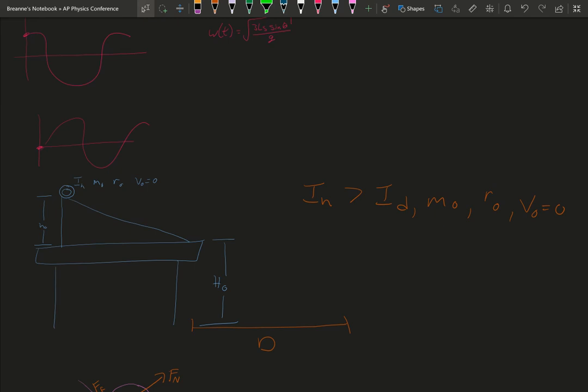Yeah, the disc because it has a greater moment of inertia than the hoop, or that the hoop will have a greater translational. Okay, so there's a disconnect between the answers and the answer key. It's saying that the moment of inertia for the disc is greater than the hoop, but that's not what they told us. They told us that the moment of inertia of the hoop was greater than the disc.